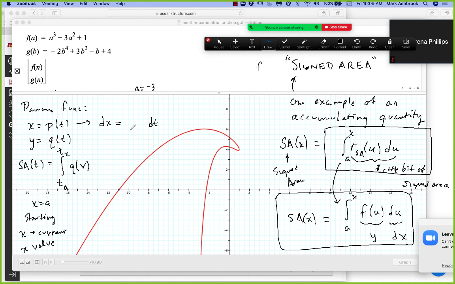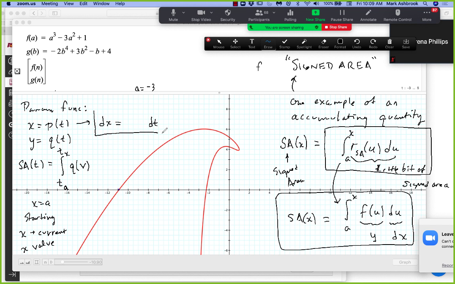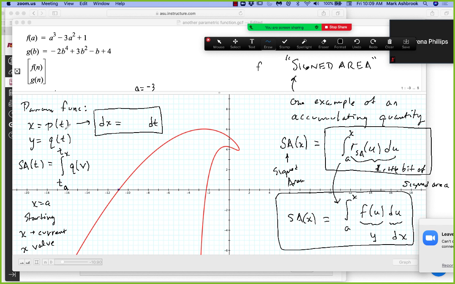And how do we get the small change in x? It's a theme we've had all semester long. Given a small change in your independent variable, the change in the dependent is what? That small change in the independent times the rate of change. Good. So the rate of change is what gives us small changes in our dependent variable, given a small change in the independent.